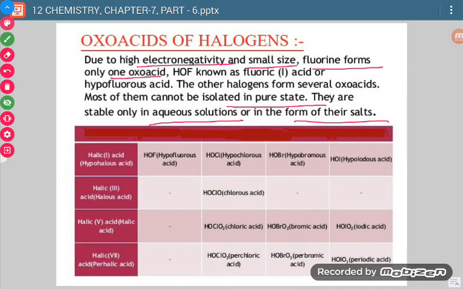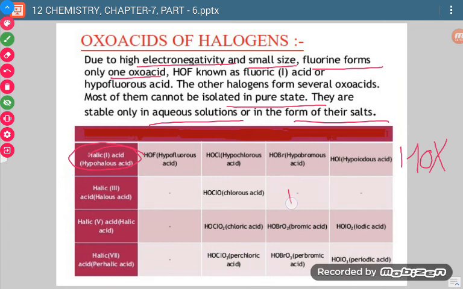Now see, different categories you can say. Hypohalous acids. How we represent these? As HOX. This is hypohalous acid. Now if there is Cl in place of X, then we will say hypochlorous acid. If Br, hypobromous acid. If iodine, then hypoiodous acid. Okay. Now second category is halic acid or halous acid.